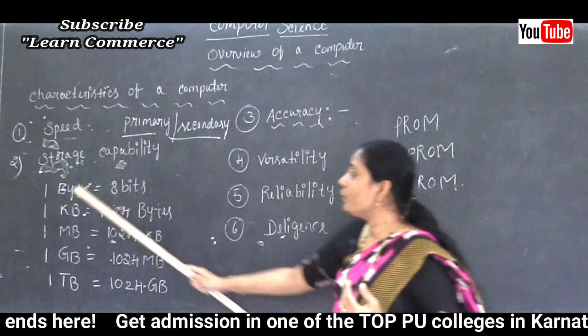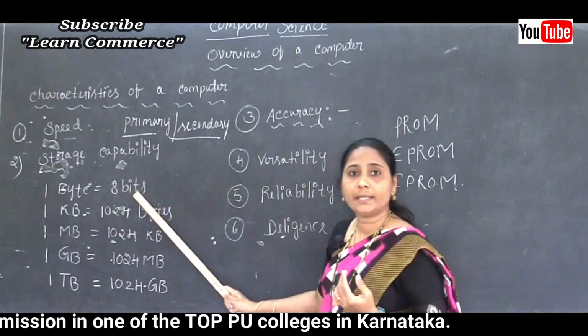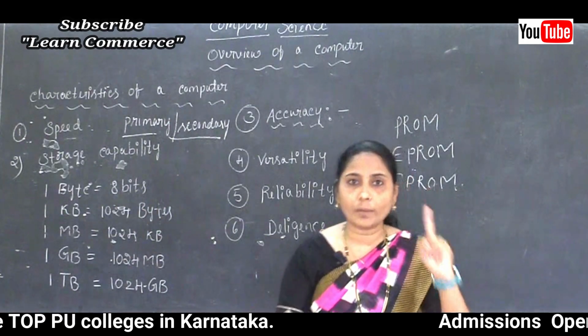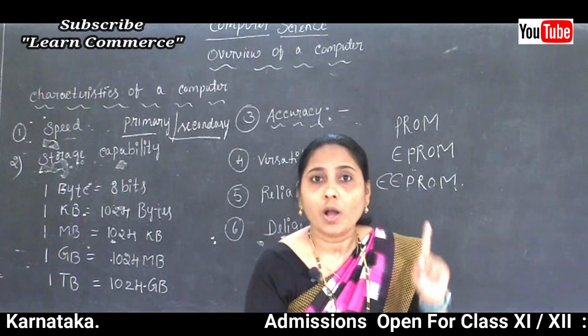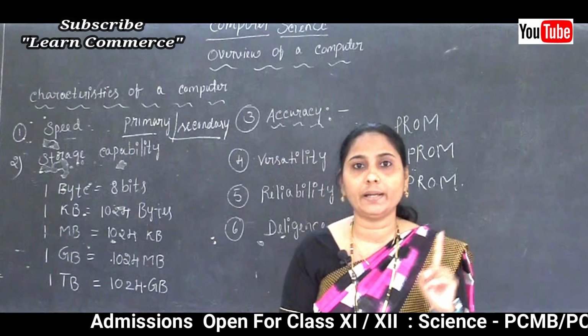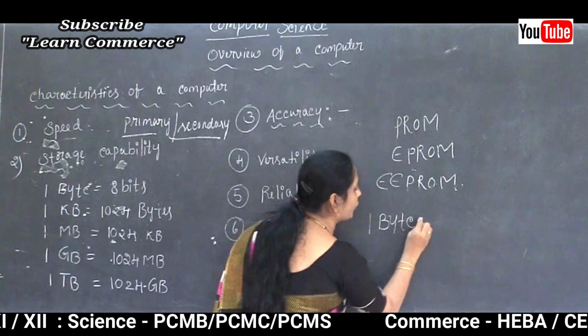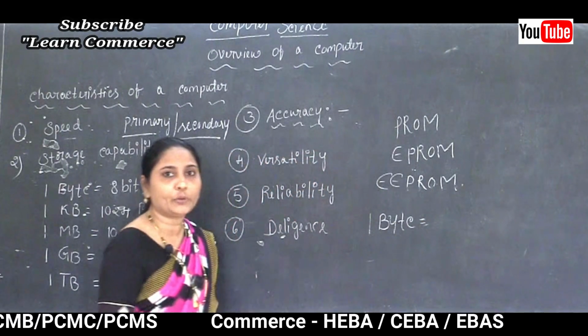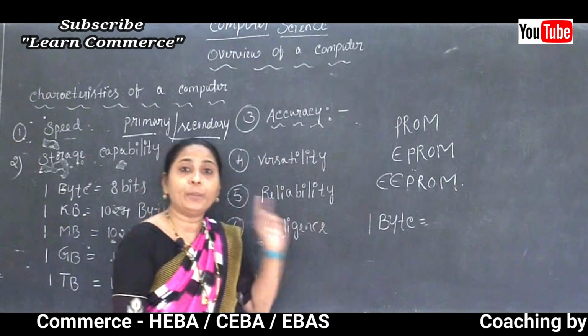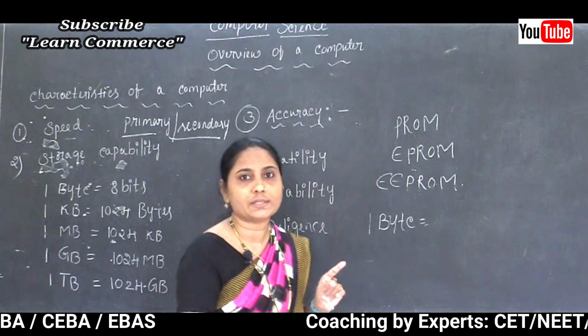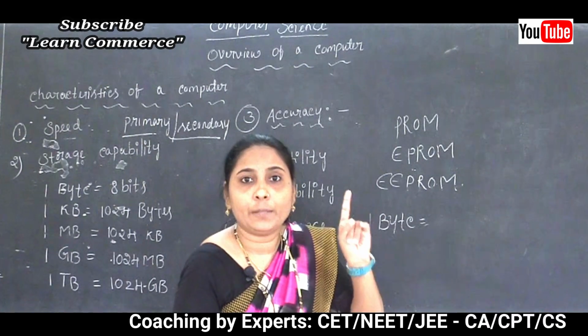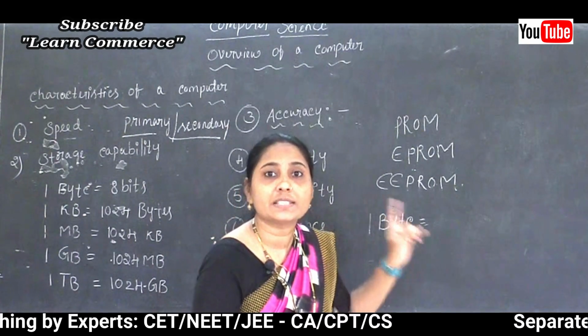So 1 byte is equal to 8 bits. Clear this point here? That means the computer understands only bit format. The full form of bit is binary digit, and the binary digit values are 0 and 1.